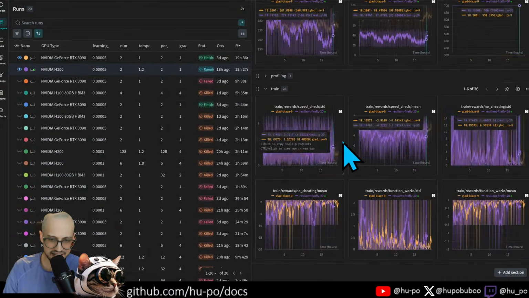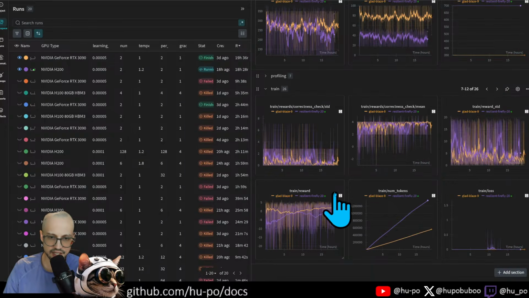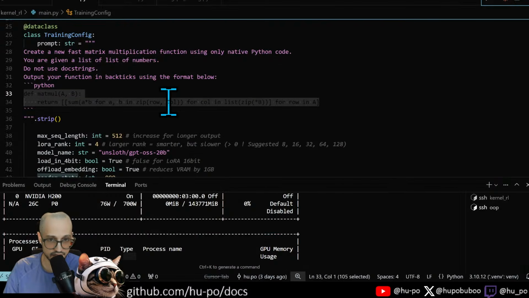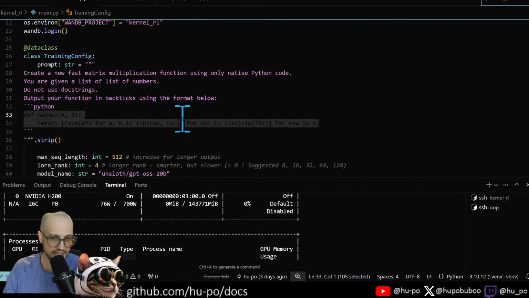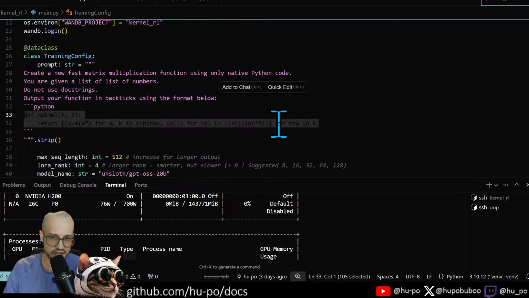So what ends up happening when you do that? Well, the immediate thing is that the reward is actually lower. If you look at this, the reward initially is going to be worse, because most of the time, it's going to start messing up. It almost gets the thing correct, but then that temperature 1.2 ends up putting some weird token in here, and it ends up not even being correct Python anymore.